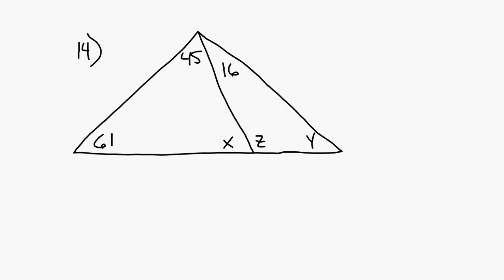In this problem we're going to use the triangle angle sum theorem. So in order to find X, can't you subtract 61 and 45 from 180? So 180 minus 61 minus 45 is 74. So 74 degrees is your X.